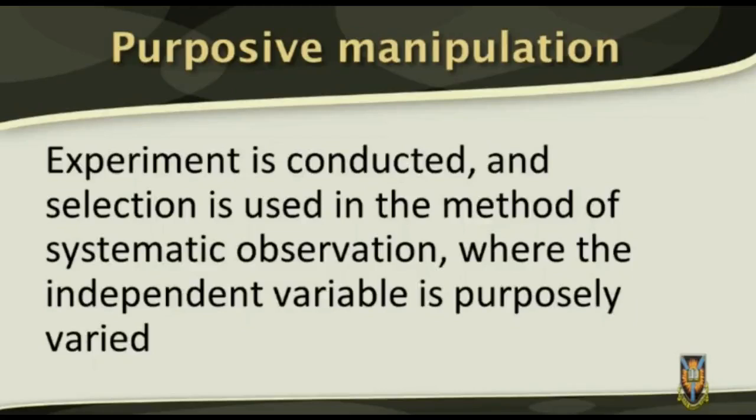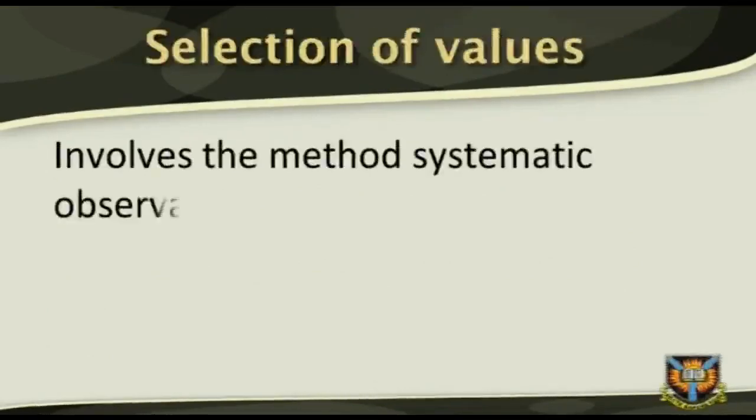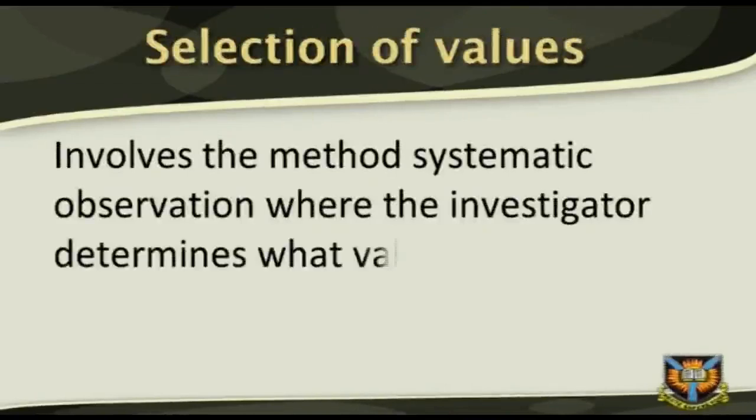Participants are randomly assigned into two groups and you randomly determine which group will receive the low intensity stimulus, and which the high. In this case, you are purposely varying, that is, manipulating or controlling the independent variable. This is an experiment.